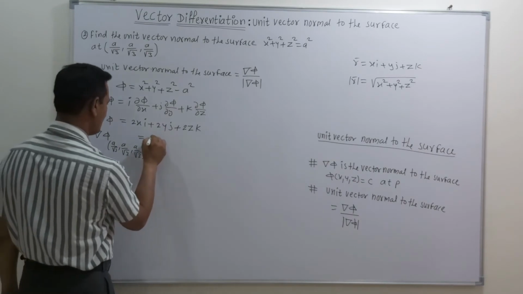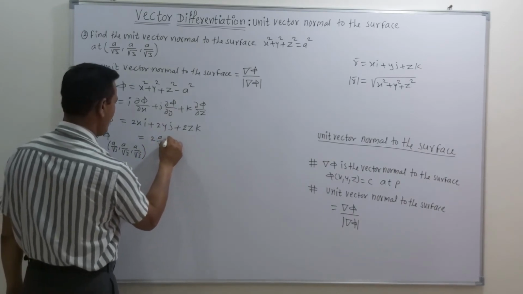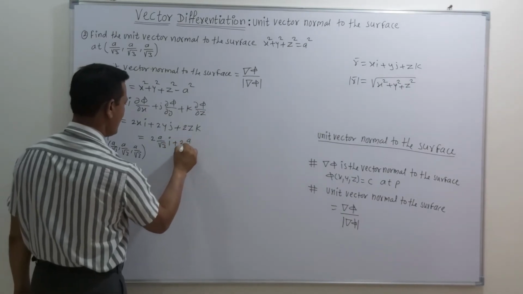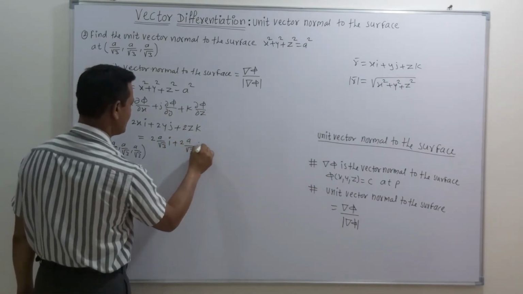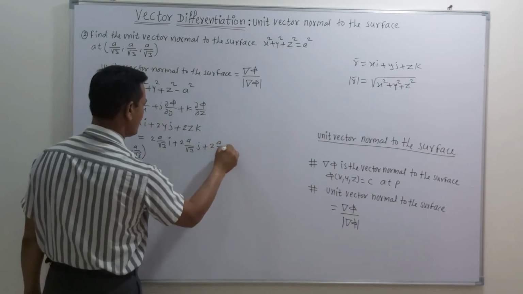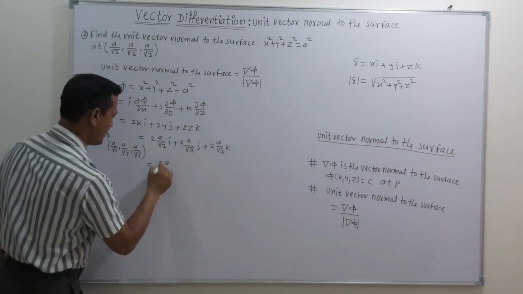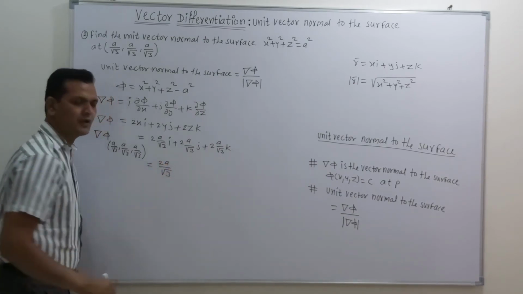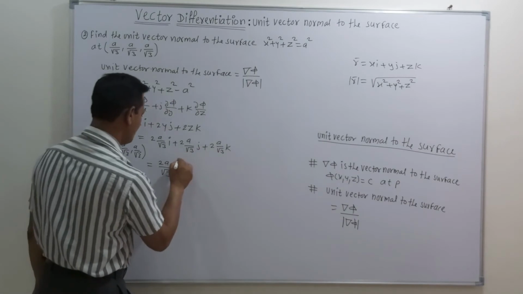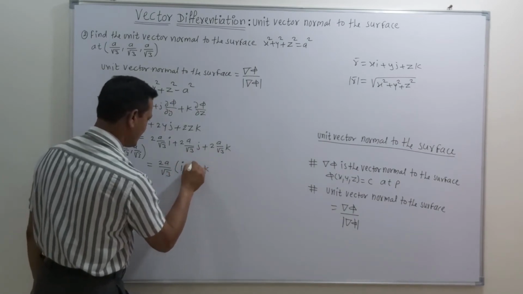So we get 2 into a upon root 3 i plus 2a upon root 3 j plus 2a upon root 3 k. If we take the term 2a upon root 3 common from all these terms, the remaining terms are i plus j plus k.